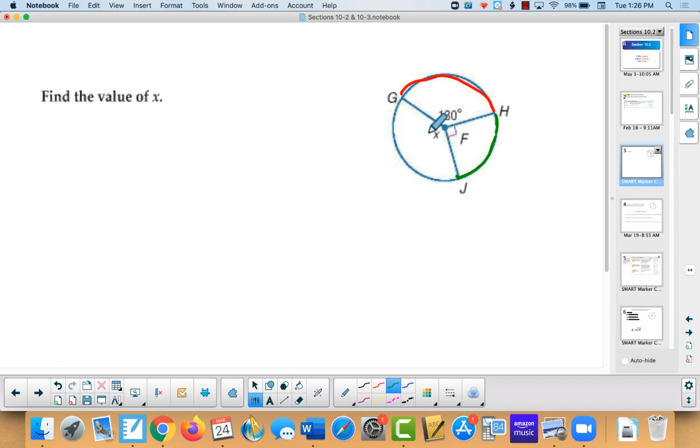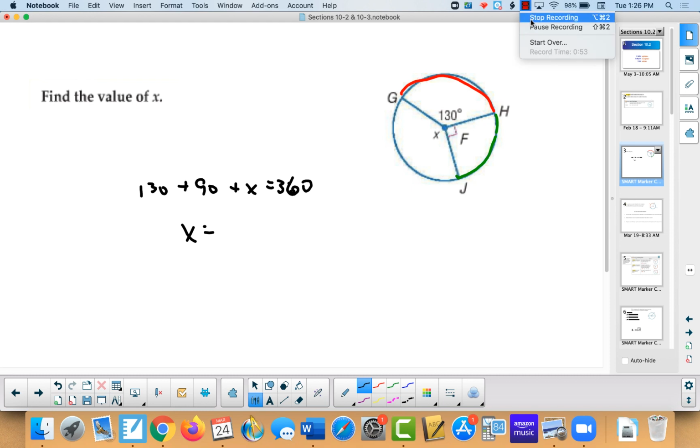And these three angles together add up to 360. So we can make the equation that 130 plus 90 plus x equals 360. And then we can solve for x to get 140 degrees.